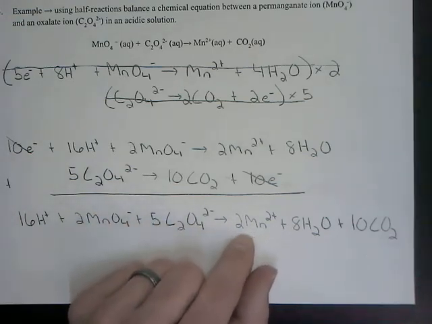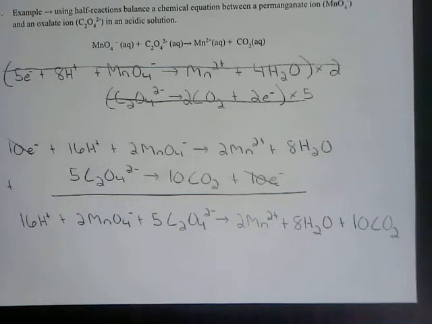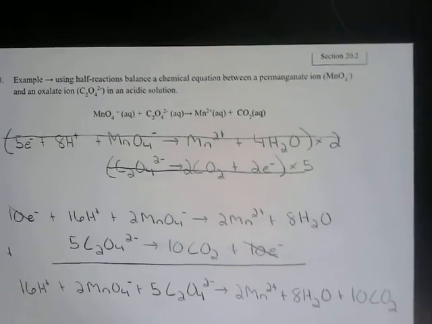On this side, we only have 2 times a positive 2, so our charges balance out. We have a 4 plus charge on our left, 4 plus charge on our right. So there's actually a double check when we balance via half reactions. And that's how we would do it for a substance in an acidic solution.